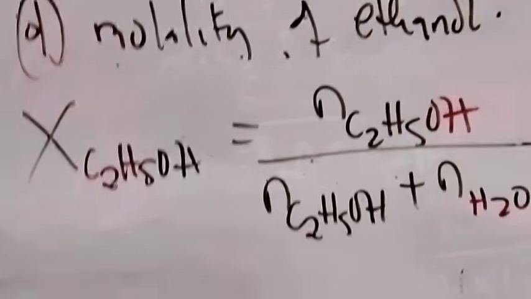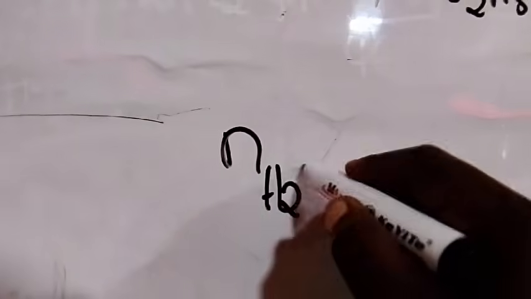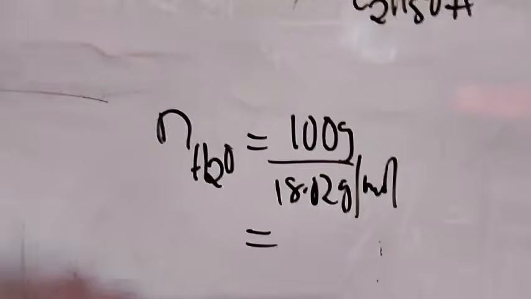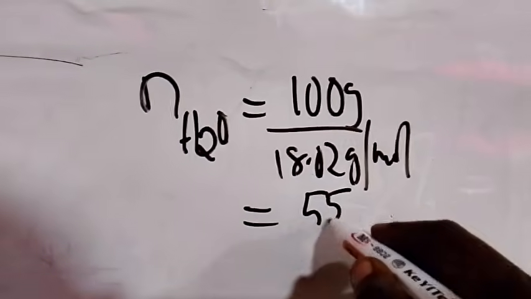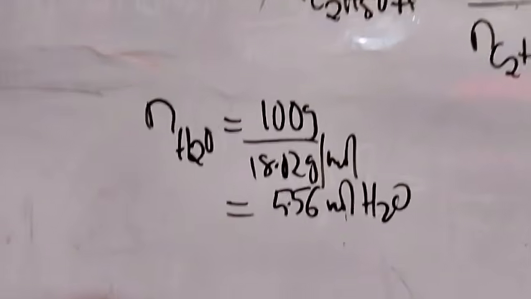So we need to calculate the moles of water. We know the mass of water is 100 grams, so 100 grams over 18.02 grams per mole gives us 5.56 moles of water.